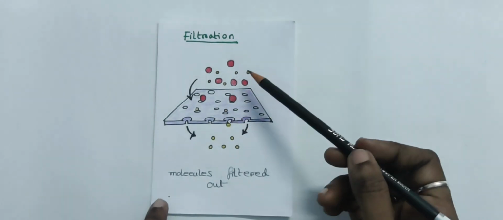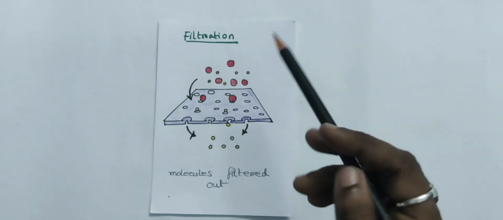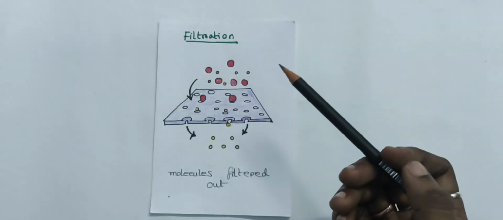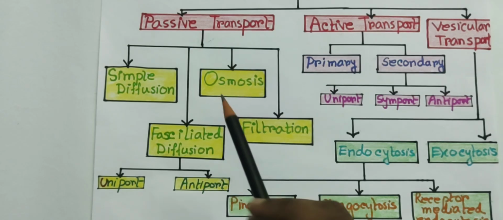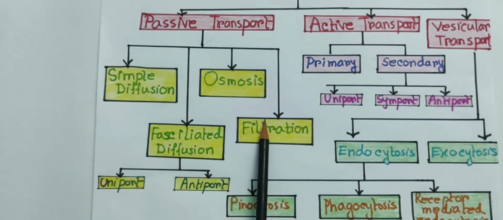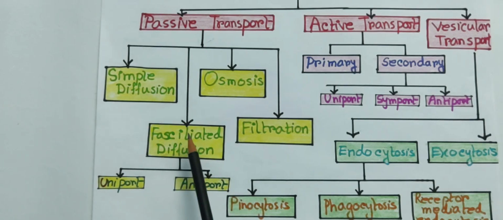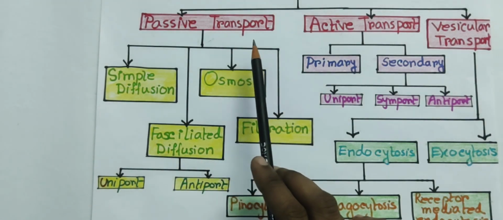So that is filtration. Some activities like cardiac activity and gravity trigger filtration. So here we discussed these four types of passive transport: simple diffusion, facilitated diffusion (uniport, antiport), osmosis, and then filtration.